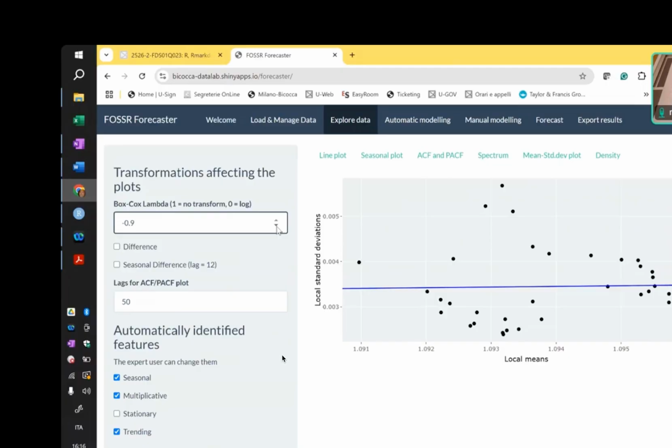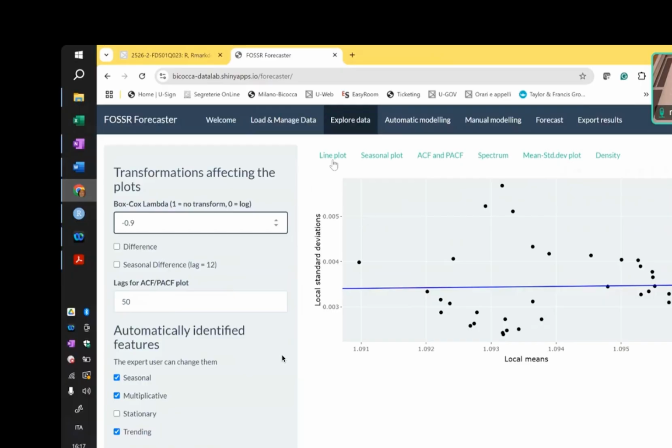We can compare different models because, as I told you, we may end up with different models. We don't have to choose one. We choose one at the end by comparing predictions. For example, the log is always a good choice because of the interpretation of the numbers. But if I look at this plot, even a negative lambda of minus 0.9 seems to kill more of the relationship between the standard deviation and the mean.